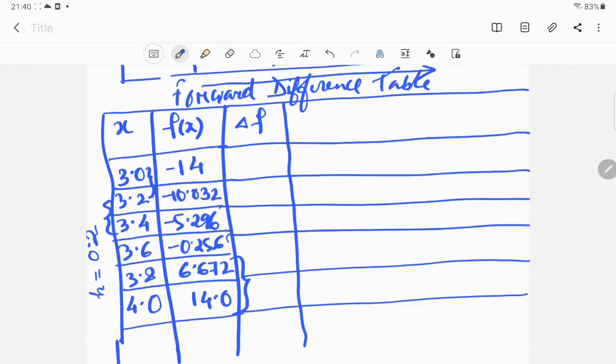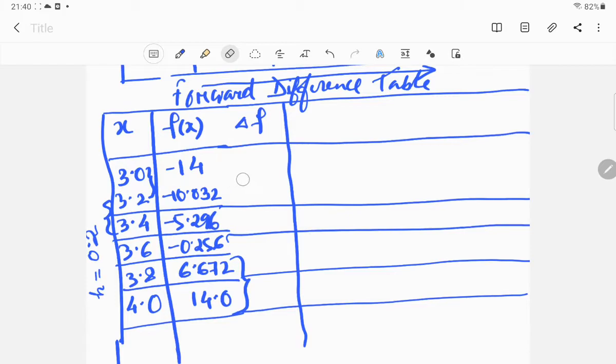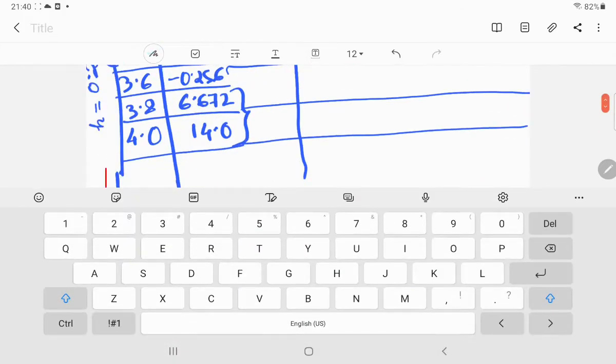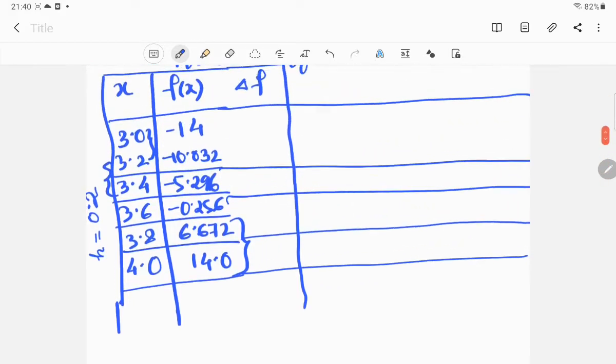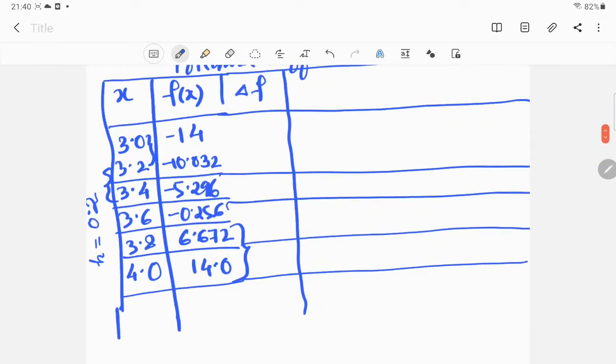What is the gap? I will use the eraser a little bit. I think some mistake is there. Let me correct it.